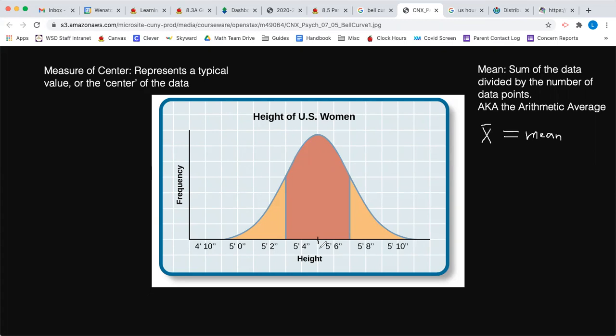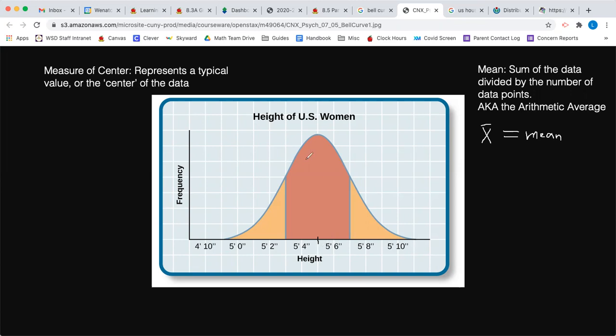You can still use mean in other data sets because it can be useful, especially in comparison to some of the other measures of center that we'll see later. But in this particular example, our mean would be the most representative measure of center, because when we're talking about mean, we are usually talking about a symmetric piece of data, a bell curve, as you can see here when we have women's heights.